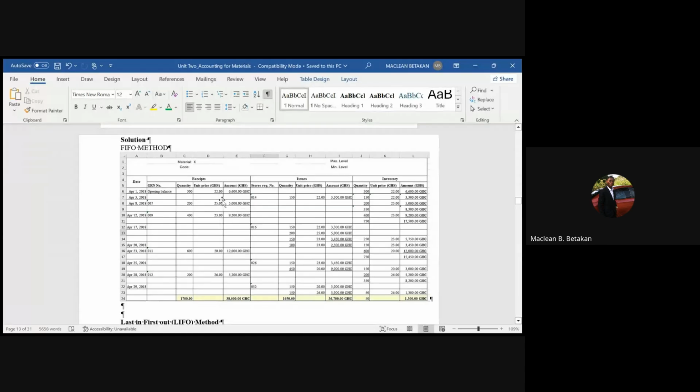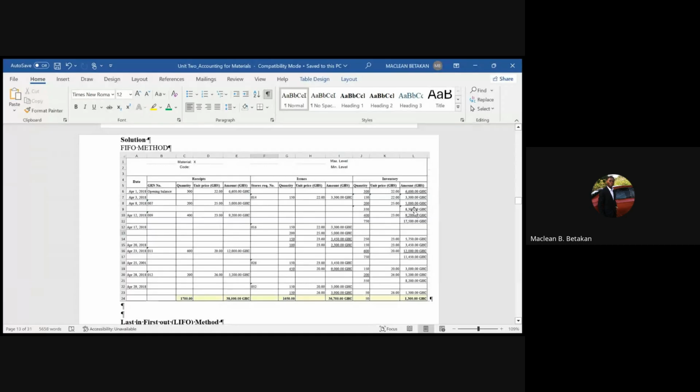Then we carry the same thing to inventory because we are using the FIFO method. We keep it so that when we are issuing, we know the price. So repeat the same under the balance: 200 times 25, the same 5,000. Then when you add 200 to 150, you get 350.